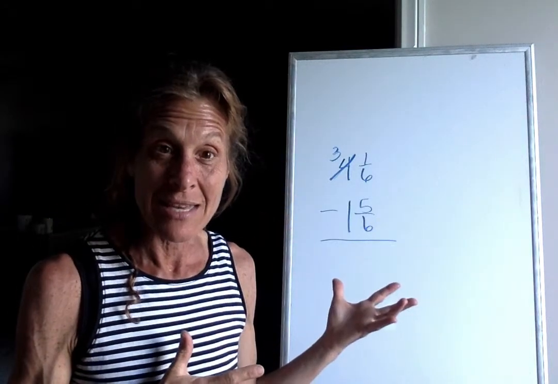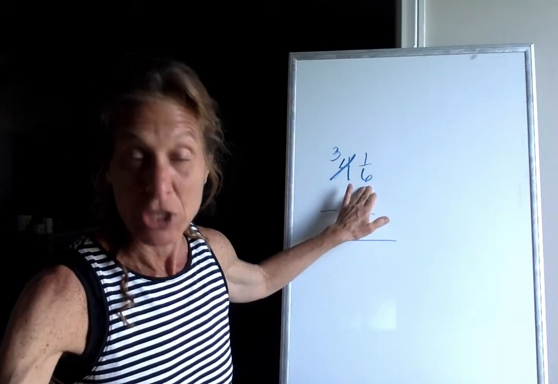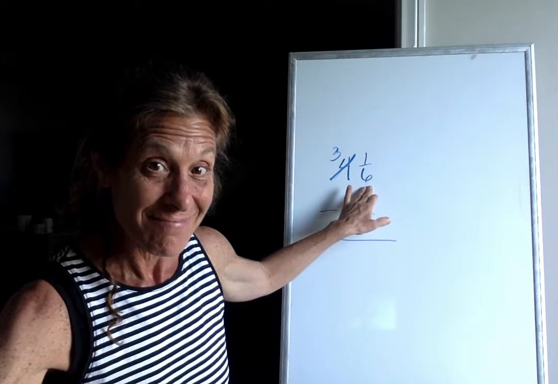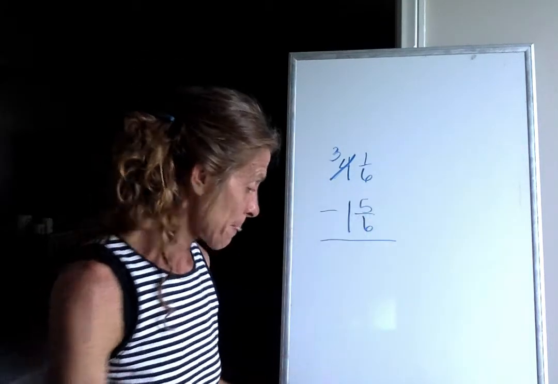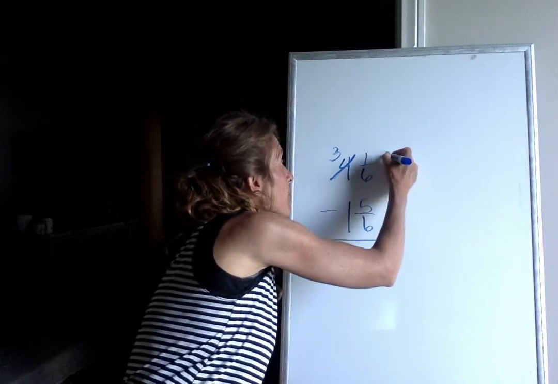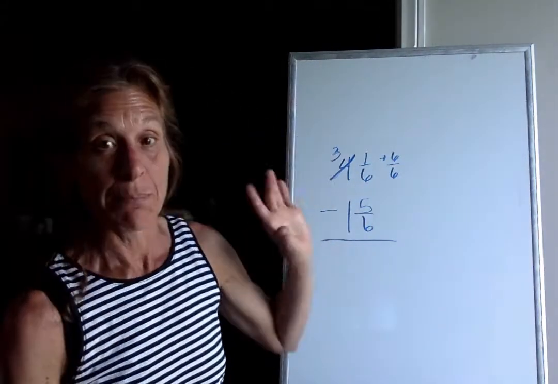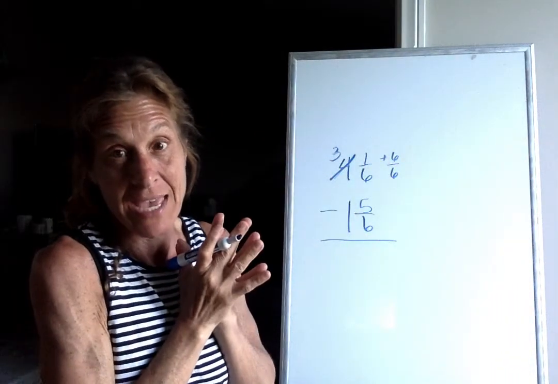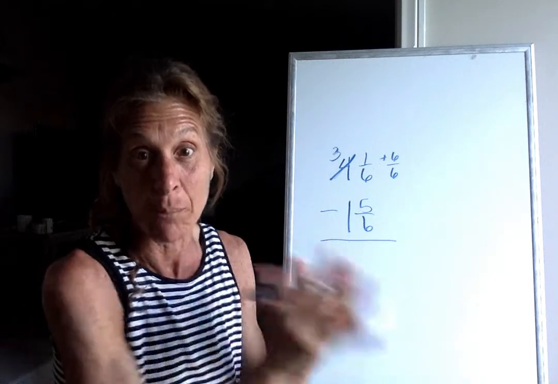What is a whole number look like if my denominator is 6? 6/6. So I just borrowed 6/6 out of that 4 because I need a fraction to help my fraction.